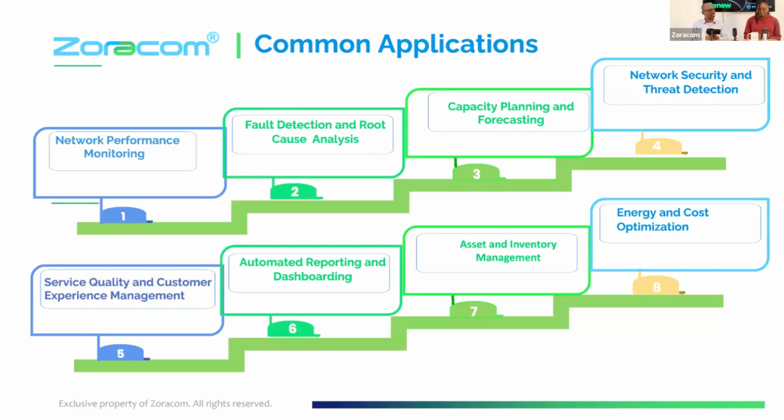Then you have automated reporting and dashboards. Of course, your reports have to come in. This is also key. This is also an application when we are talking about smart network reporting and analytics.